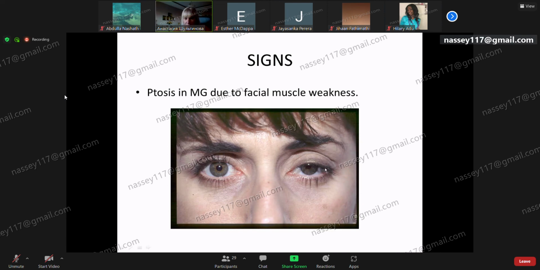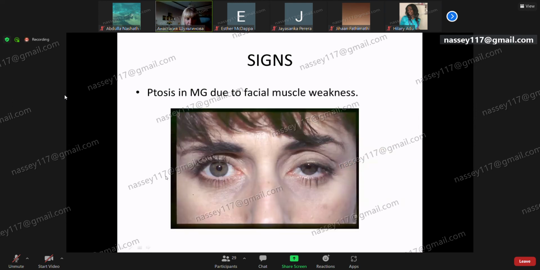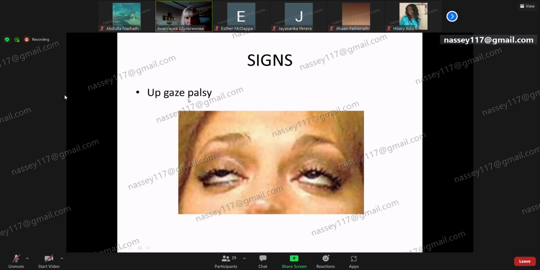See? The angle of the eye is going down, but it will open. In the previous one, the angle of the eye is normal, but we see weaknesses of the levator palpebrae muscle. So upgaze palsy, inability of the patient to look upward, appearing with ptosis in both eyeballs.